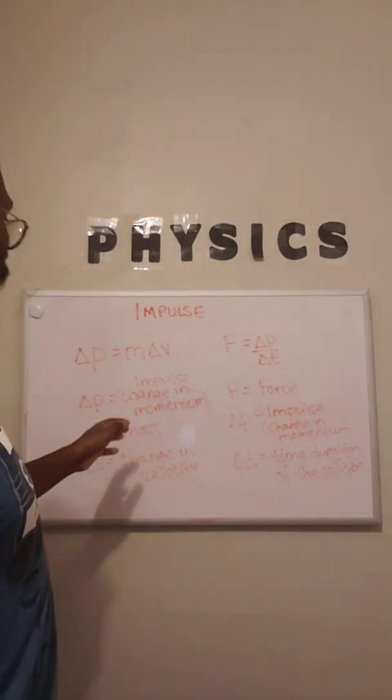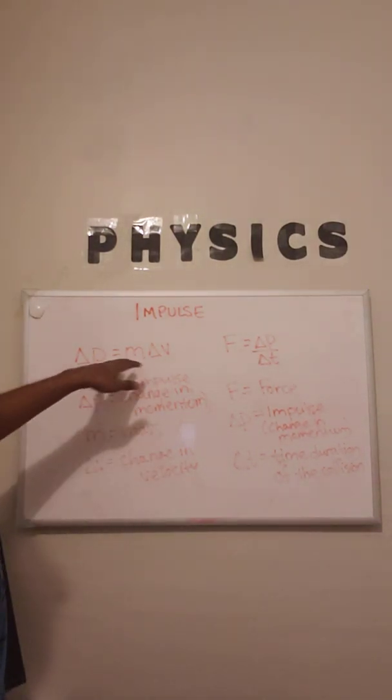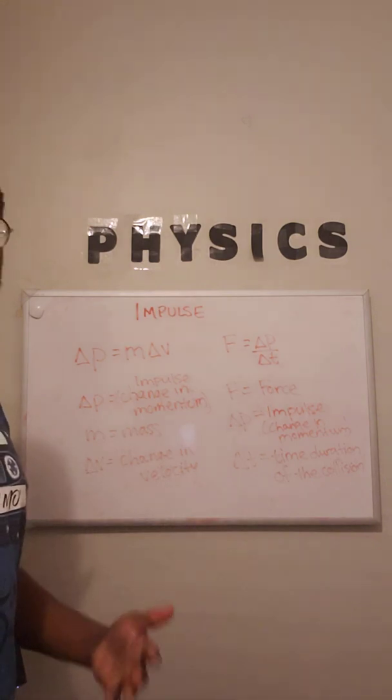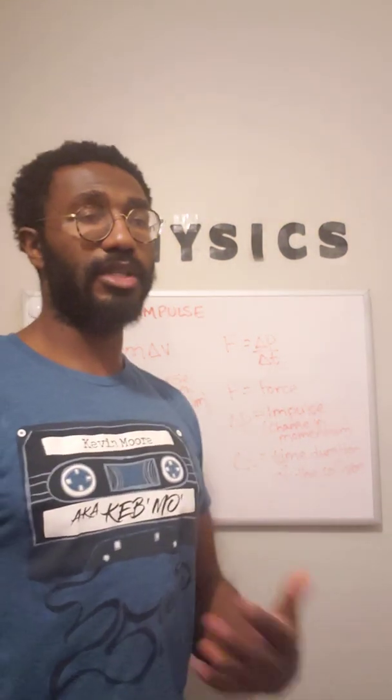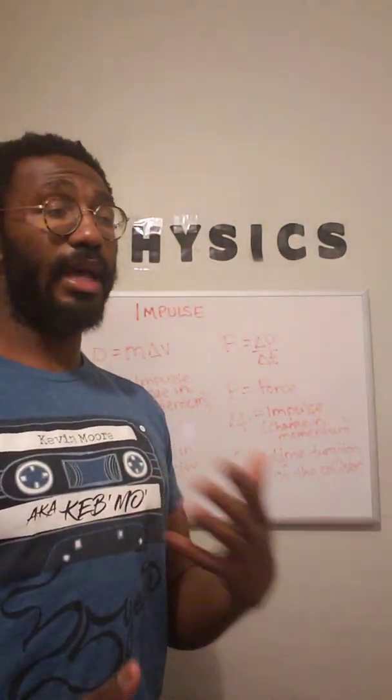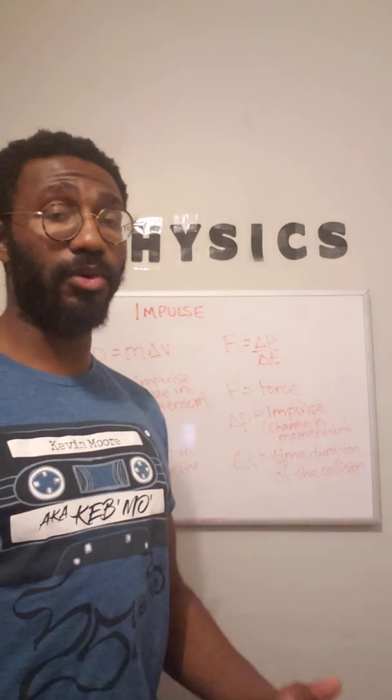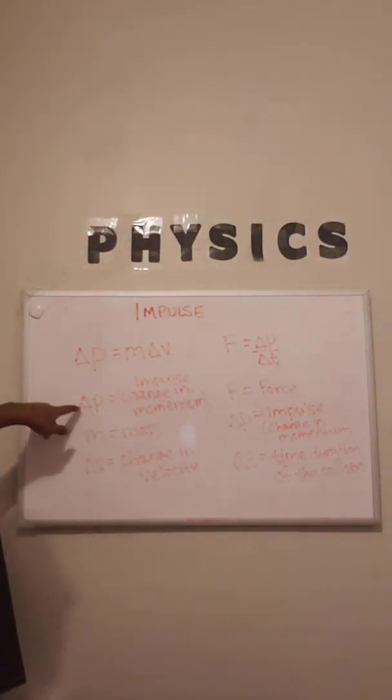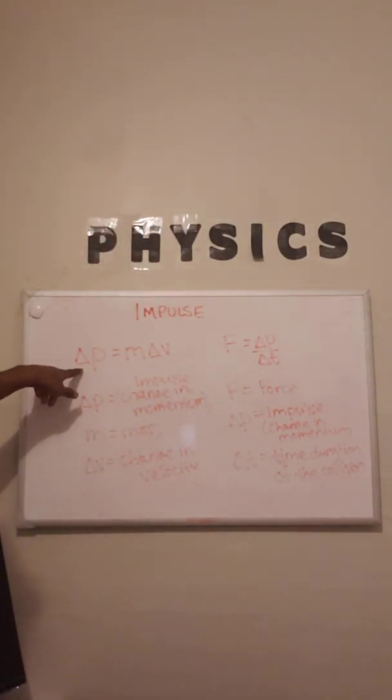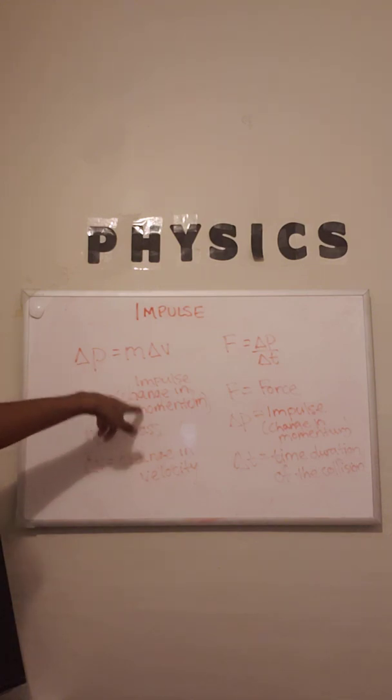Now we're going to go over what the different variables mean, and then we're going to do some algebra work just to make sure we understand how to algebraically solve these equations. So delta P is impulse, right? Impulse is delta, which means the change in, P, momentum.